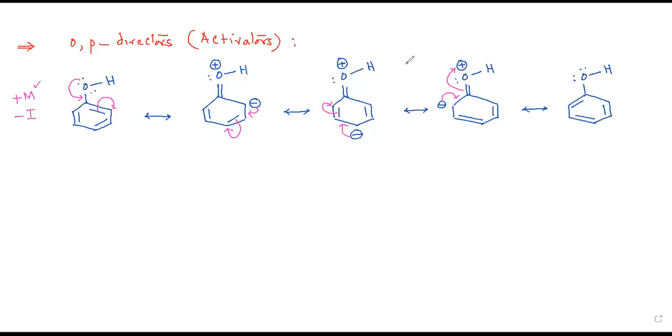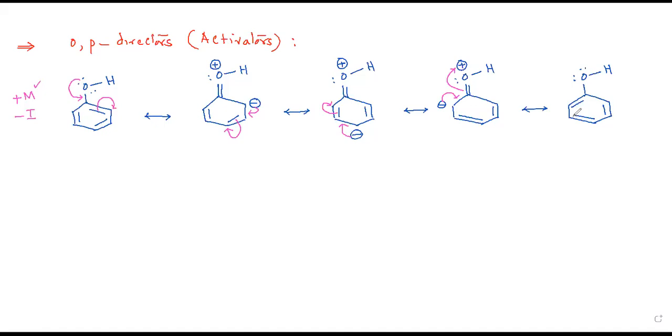That means the activating group or say the releasing group is increasing electron density at ortho and para positions, not at meta, right? Activating groups release electrons and of course increase electron density at ortho and para positions. Whereas electron density at the meta position remains the same.